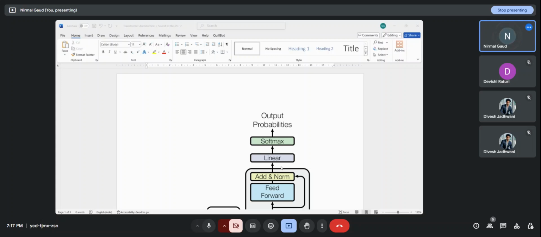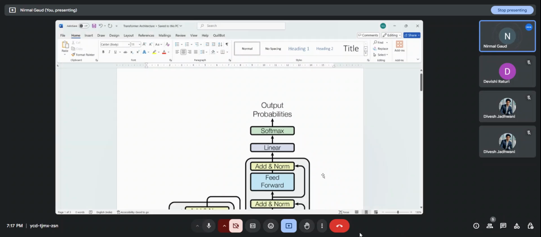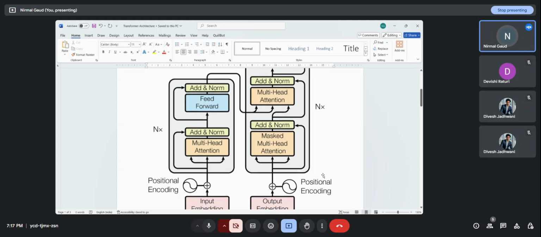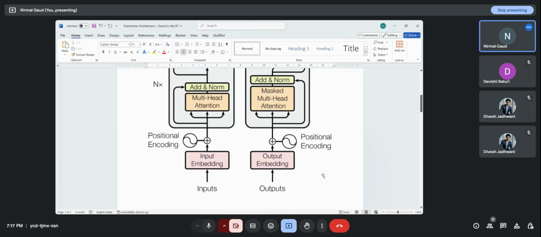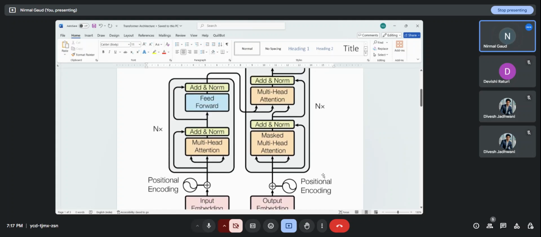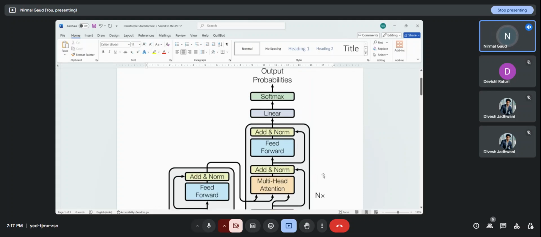All right. So, in today's class, I'm going to wind up the entire transformer architecture. As you are seeing right now, this is what we have studied, the transformer, which is having two components, encoder and the decoder.